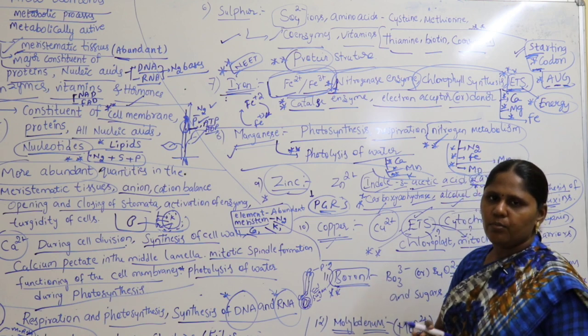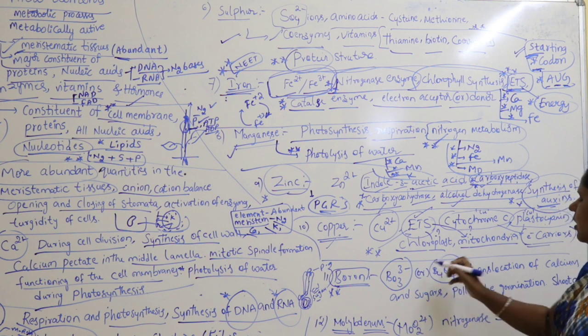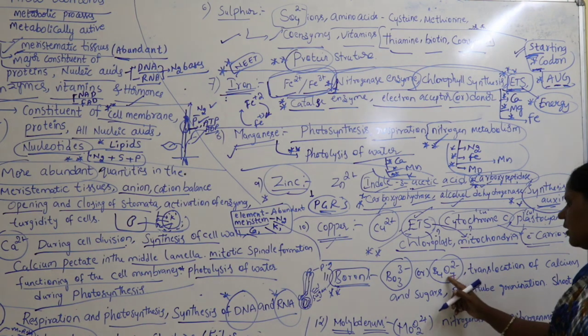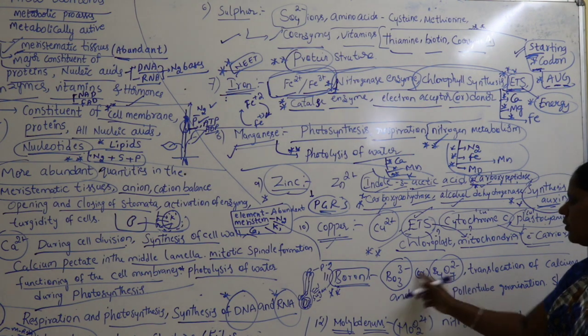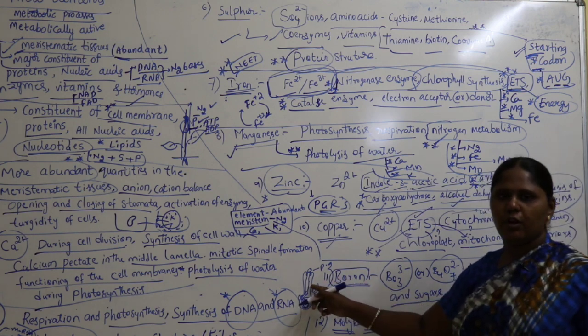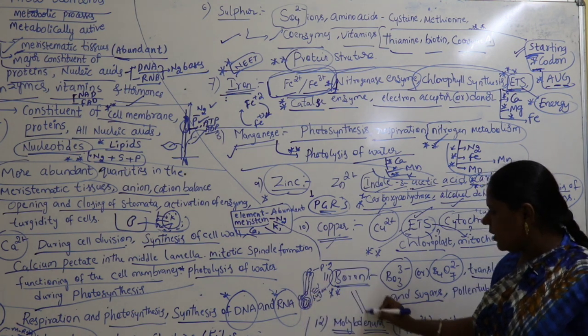Very, very important. Boron is absorbed in the form of borates or oxoborates, which are the forms in which boron is absorbed, and it helps in translocation of calcium and sugars, not only from the stigma to the base of the ovary, but for the entire plant.